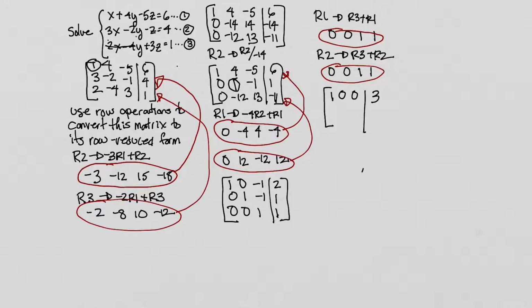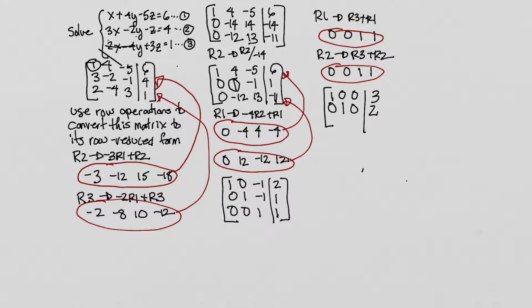Let's go on to row 2 now. In row 2, we're going to have 0 plus 0 is 0, and then that 0 and that 1 is going to give us a 1, and then this 1 and negative 1, that'll give us a 0, and then 1 and 1, that'll give us a 2.